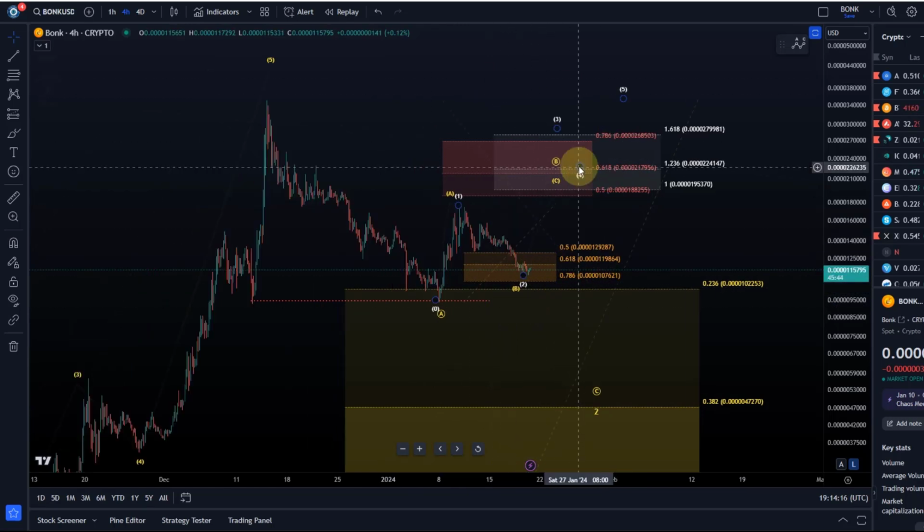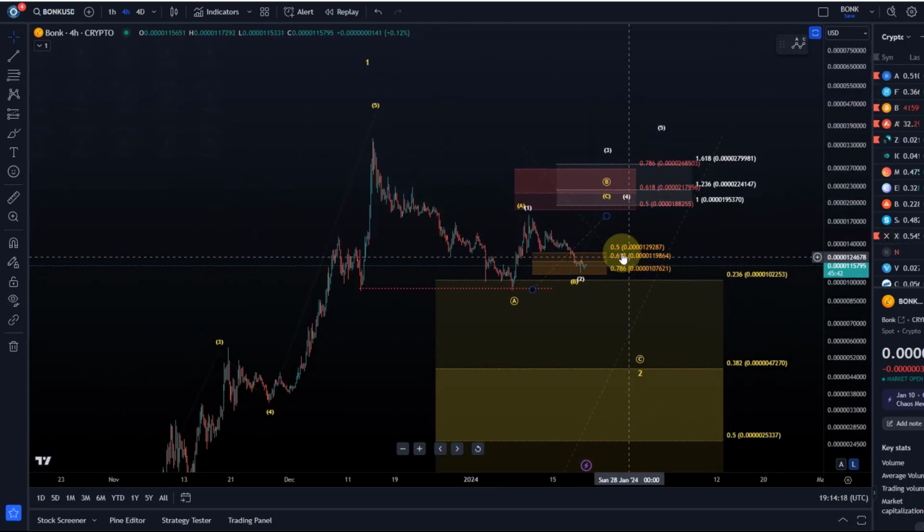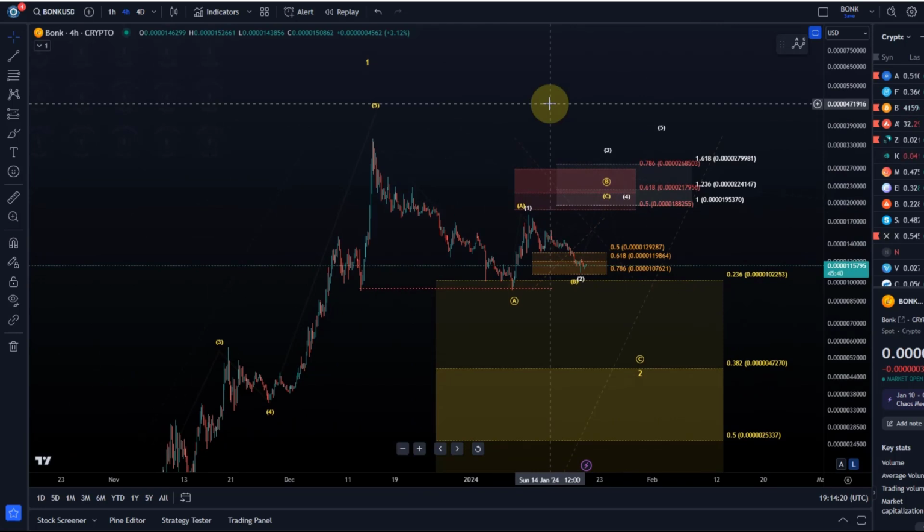I think parameters are pretty clear, and my preference is pretty clear as well. Just need to wait for a little bit of action, maybe after the weekend, to get that move up in wave C. And I think the 100% extension level together with that red 50% retracement level there should be the first key area to watch.